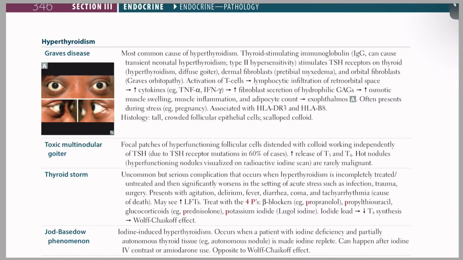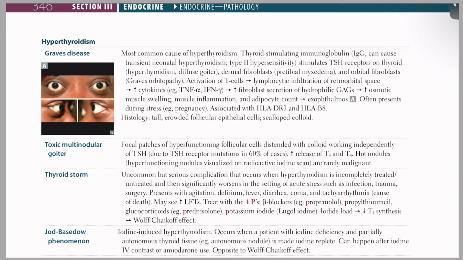Stimulate TSH receptor on thyroid: hyperthyroidism, diffuse goiter, dermal fibroblast, pretibial myxedema, and orbital fibroblast, Graves' orbitopathy, activation of T cells, lymphocytic infiltration of retroorbital space, increased cytokines, TNF alpha, IFN gamma, increased fibroblast secretion of hydrophilic GAGs, increased osmotic muscle swelling, muscle inflammation, and adipocyte count leads to ophthalmos, often present during stress, that is pregnancy, associated with HLA-DR3, HLA-B8.